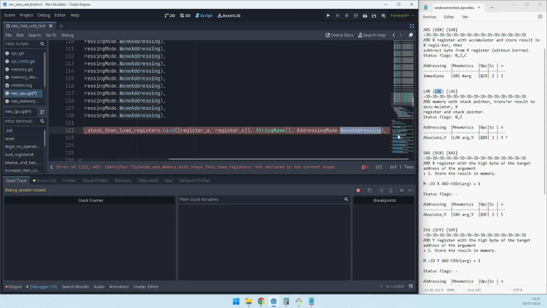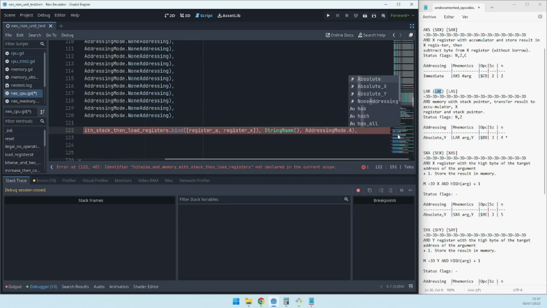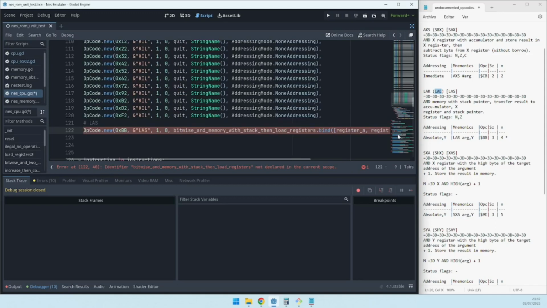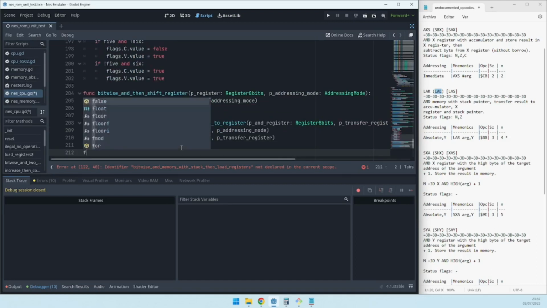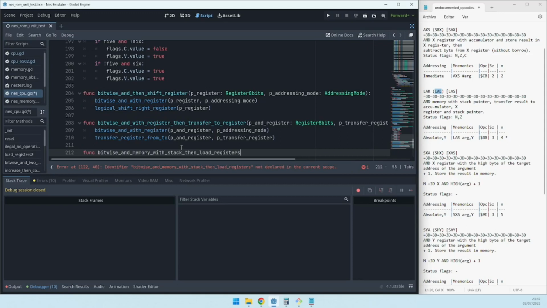And this is absolute Y, LAR. Func, and then P registers, which is an array of registers.